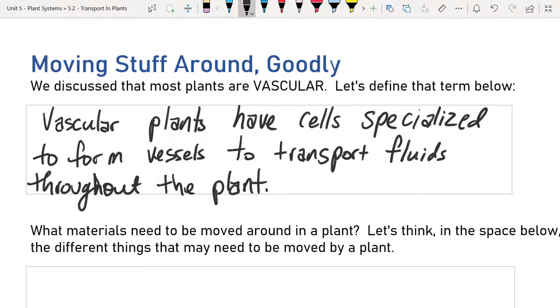So if you are a plant, what has to go through your vascular system? What is it you need to be moving?